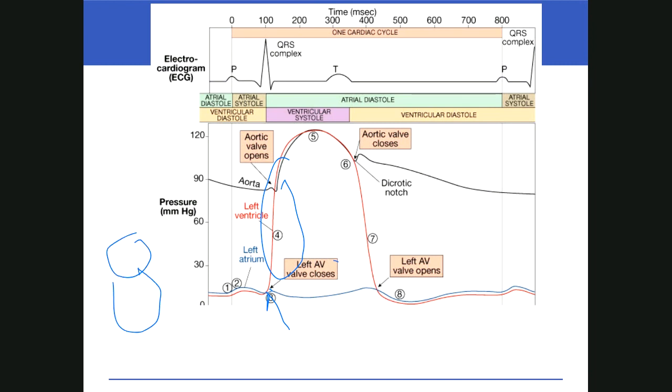And so the blood tries to go backwards. And so the valve closes. So right there, where these lines cross, that's where the left AV valve closes. That bicuspid, that mitral valve closes right there.